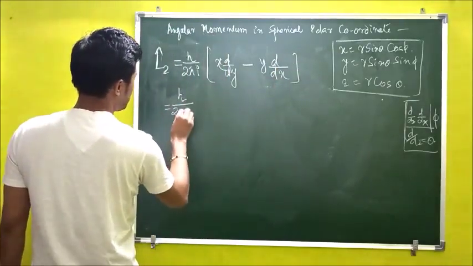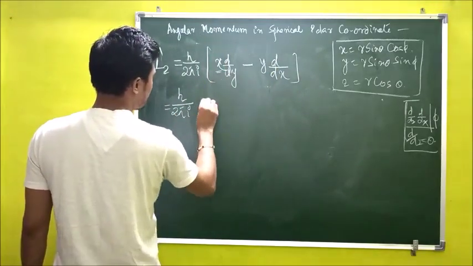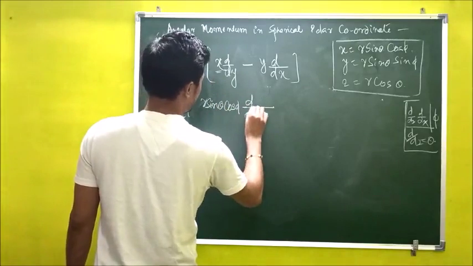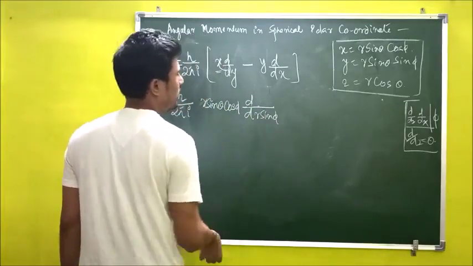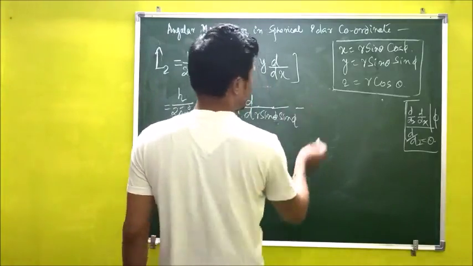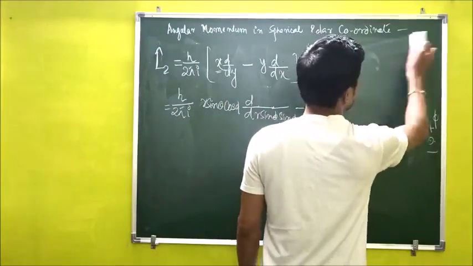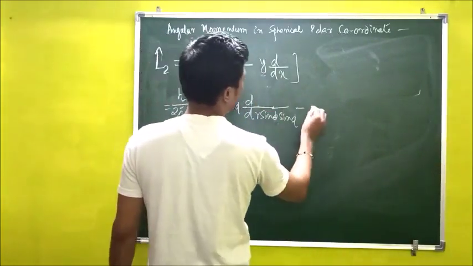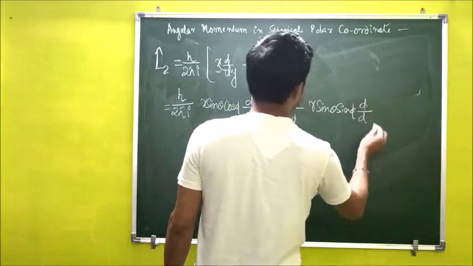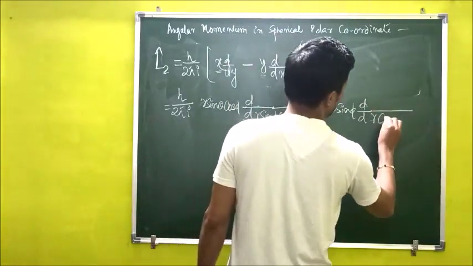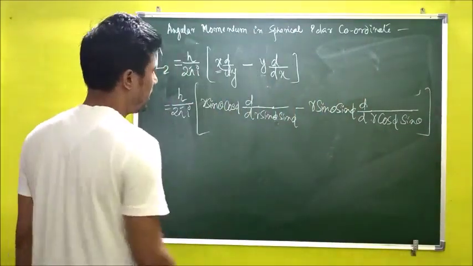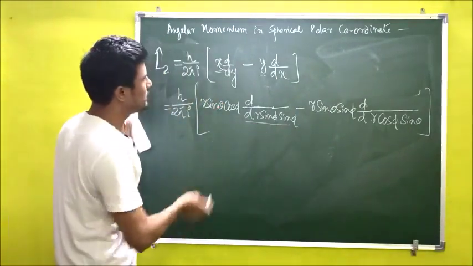So h by twice pi i, in place of x we can write r of sin theta cos of phi and d of r of sin theta sin of phi, minus, in place of y we can write r of sin theta sin of phi and d of, in place of x we can write r of cos phi sin theta.